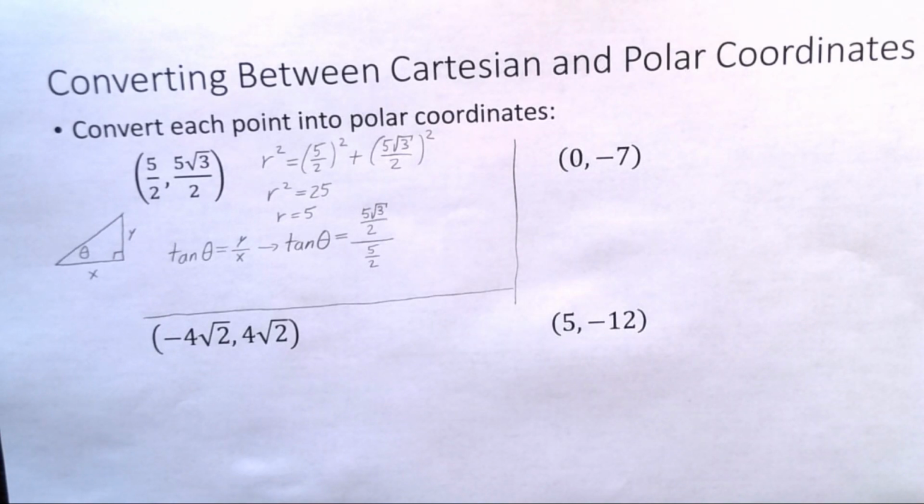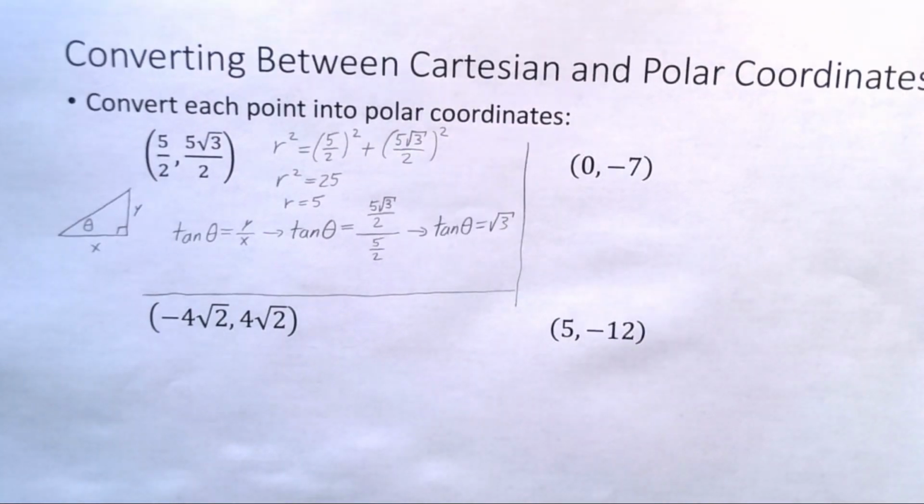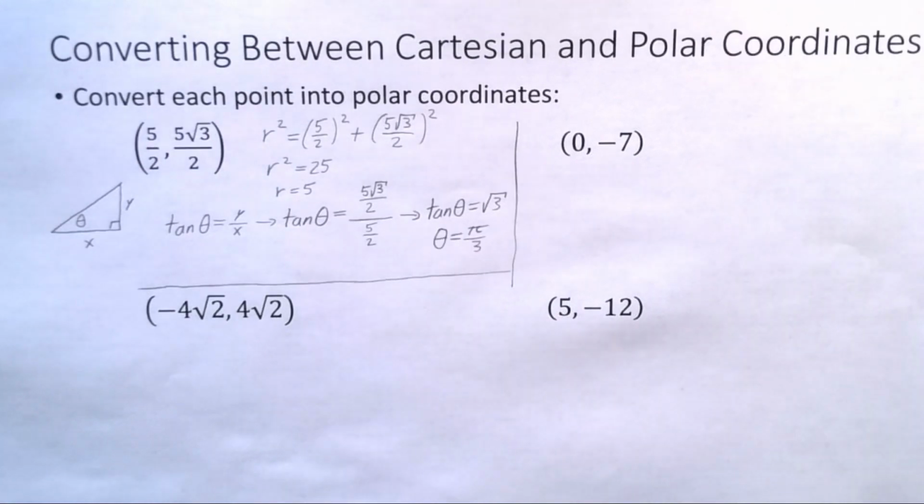From here, everything cancels out except for the square root 3, resulting in tangent of theta is equal to square root 3. Using the main angles on the right triangle then gives theta is equal to pi over 3. Combining these and noting that a point in polar coordinates is written as r comma theta gives us the point 5 comma pi over 3.